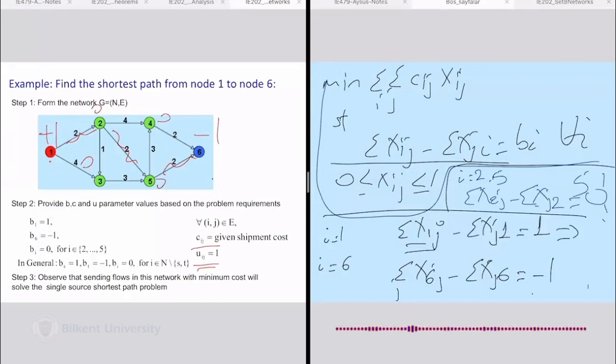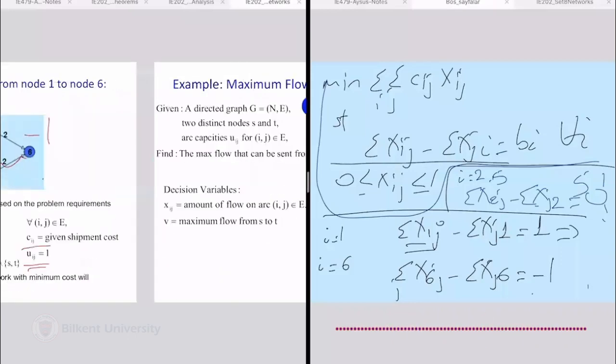Again, it's important to start thinking with this mindset, with the B values, with the upper bounds, all right? Because if you can put correct Bs, then converting the problems to networks is not that big a challenge, right? Another example, max flow.